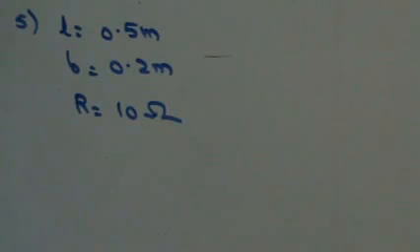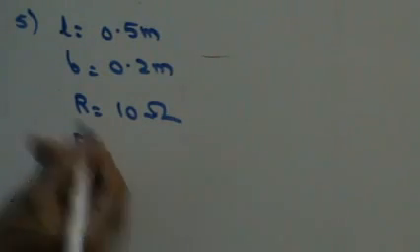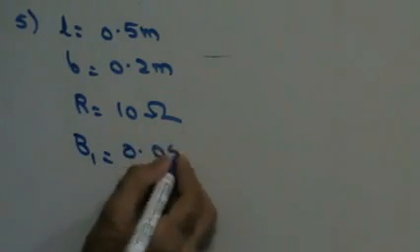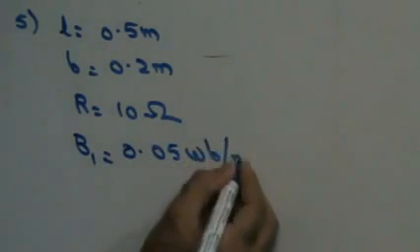The coil is placed in a magnetic induction of 0.05 Webers per meter square.